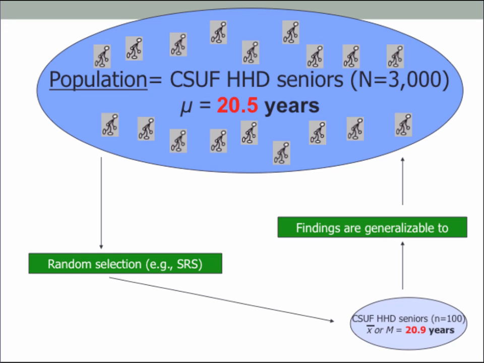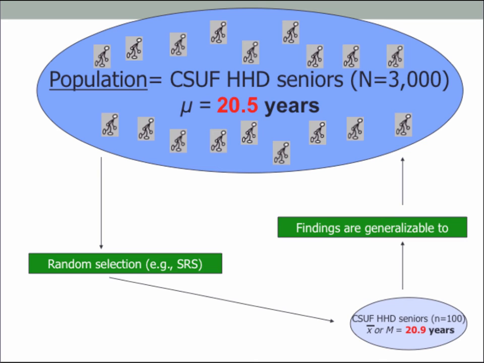So for example, if we just look at health and human development seniors, we have about 3,000 or so. For these 3,000 Cal State Fullerton health and human development seniors, the population, their average population age was 20.5 years old.